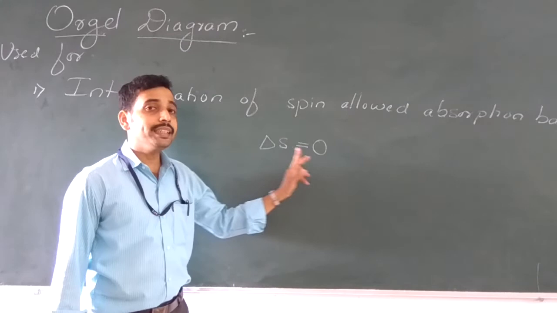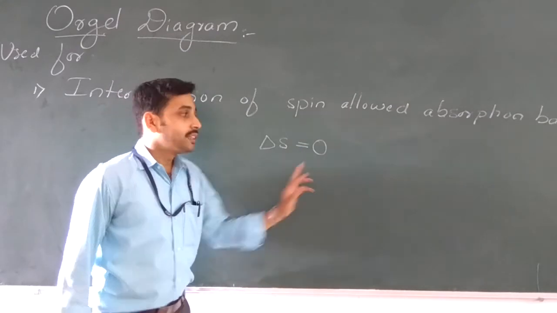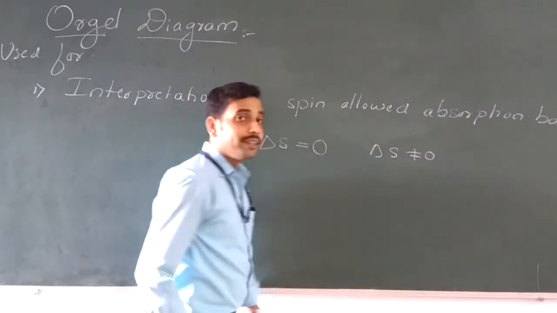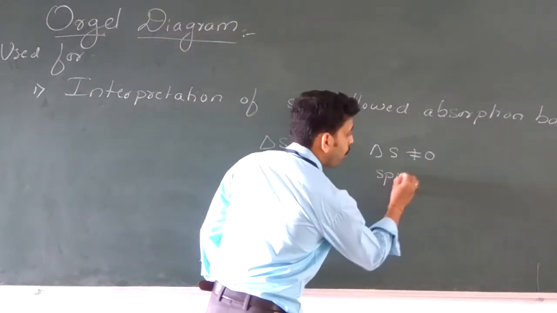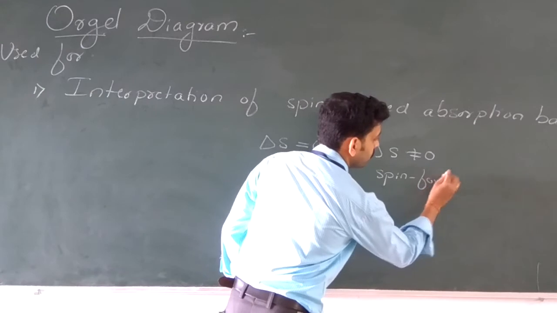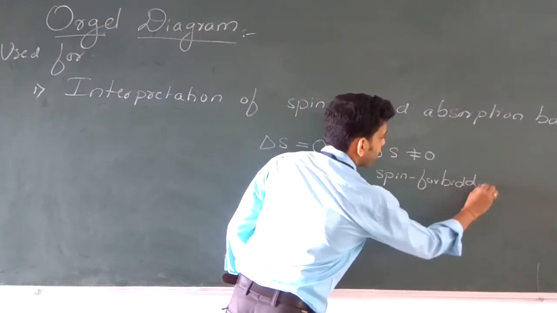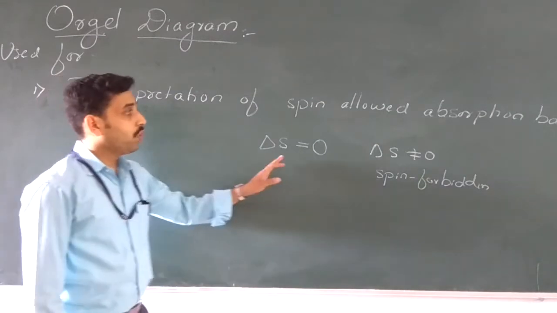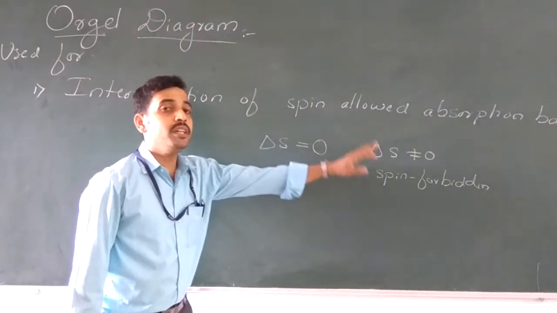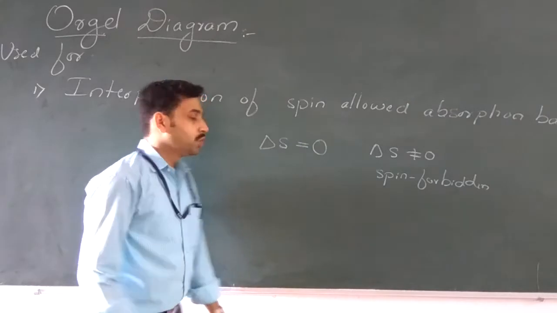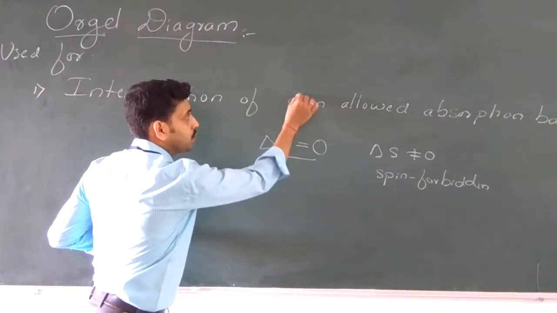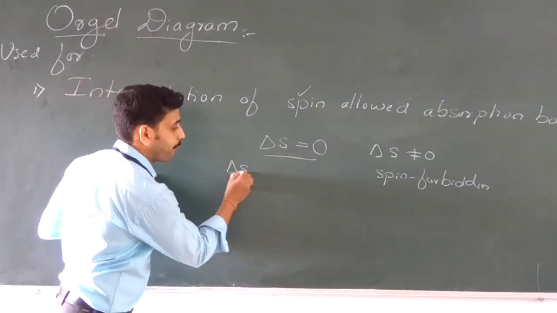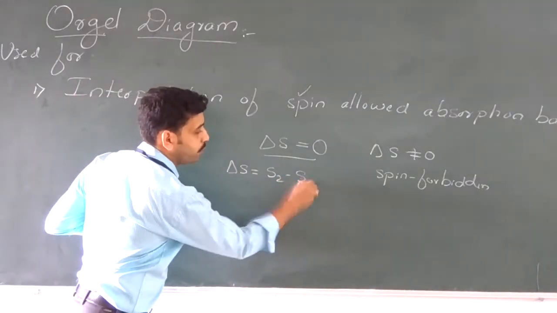Suppose delta S is not equal to 0, that is called a spin forbidden transition. So delta S equal to 0 means spin allowed transition. Delta S stands for S2 minus S1.